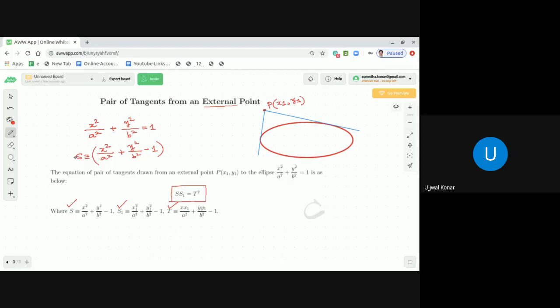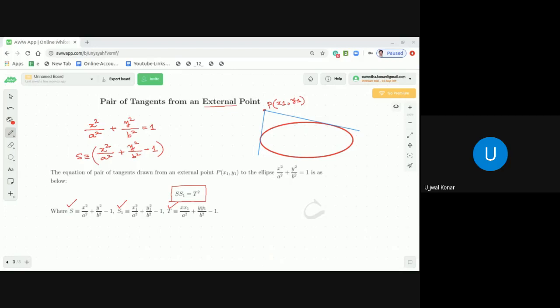Just to memorize that, we recall it as if (x1, y1) is on the ellipse, but actually it is not, as I said. I think I said it a couple of times, so you understood why. Just to remember, I wrote it like this, and you should also remember in the same pattern that S1 equal to T square. So that is about the pair of tangents from an external point.